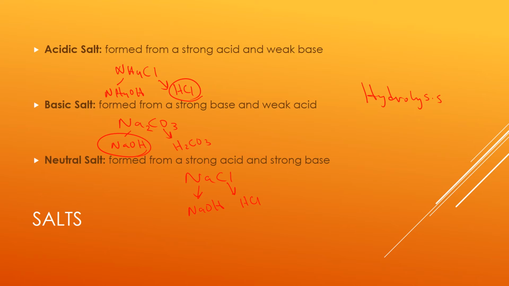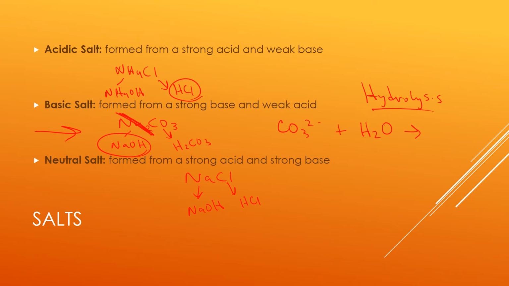Hydrolysis reactions are where you say that your spectator is whatever is strong. So I'm going to work with this basic salt here and write my hydrolysis reaction. Because Na was my strong thing, this is going to be my spectator. So I'm going to start with CO3 2-. When I have hydrolysis reactions, water is your reactant.